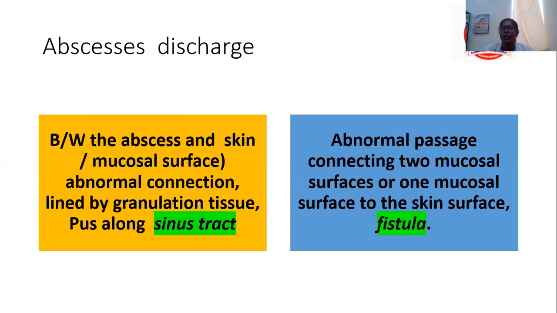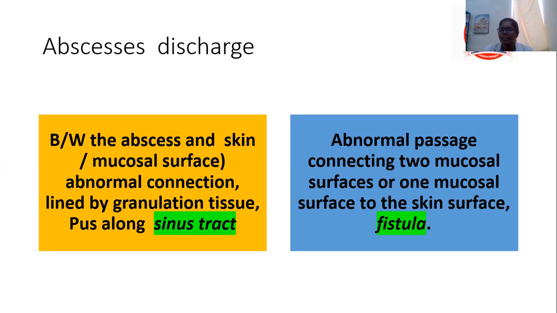Usually these abnormal connections are lined by granulation tissue, and this is called a sinus tract. And coming to the fistula, this is also an abnormal passage. It can be between 2 mucosal surfaces or between 1 mucosal surface and a skin surface.